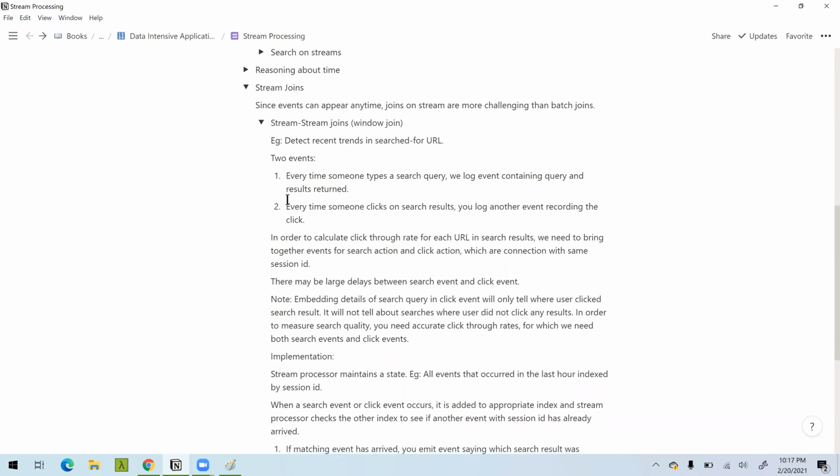Now, a few things. One thing is that there could be significant delays between the first event and the second event, right? You would have searched for something, but you may not have immediately clicked on the search result. Maybe you went to some other tab, you forgot about it, and then you came back to it, and after 5 minutes you clicked on the search result.